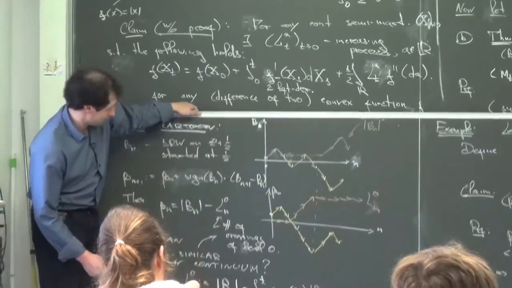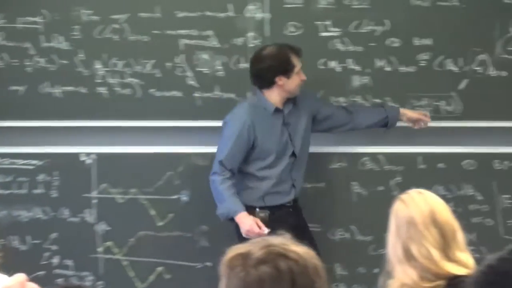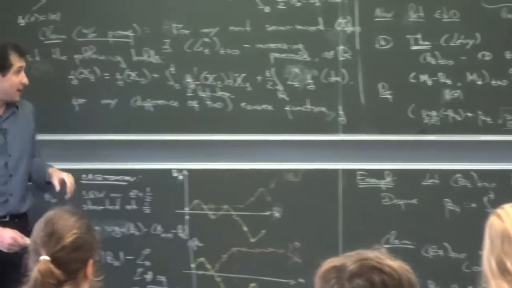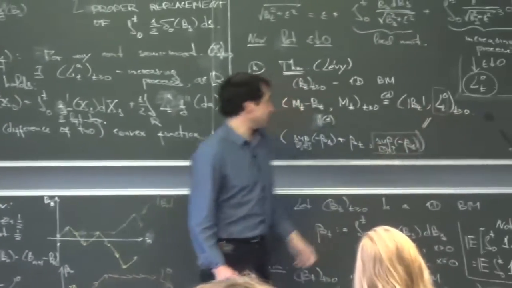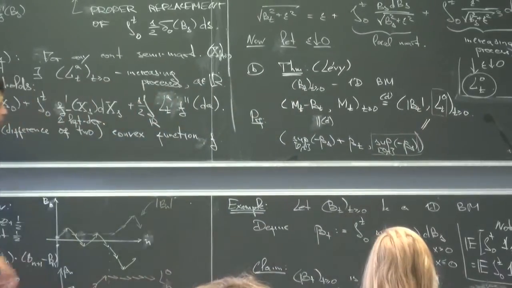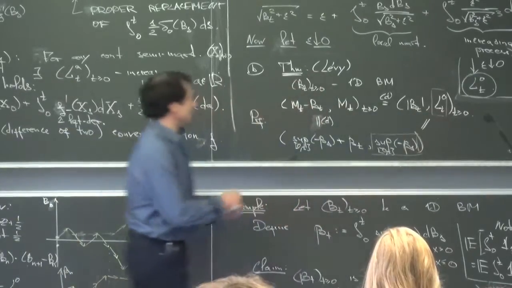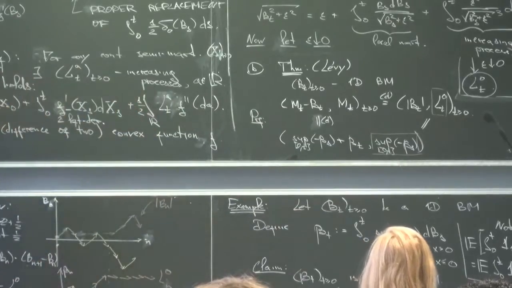Because, right, I have this formula which relates B_t and L_t^0. If I prove that this is equal to that, then the first parts coincide automatically, because I know what is the absolute value of the Brownian motion. So this is B_t minus L_t^0. So this is the only part I need to check.